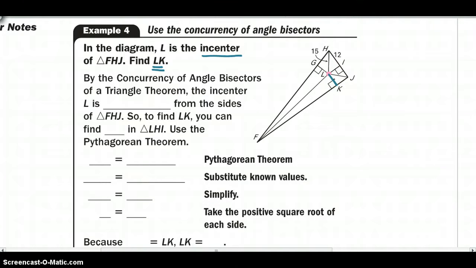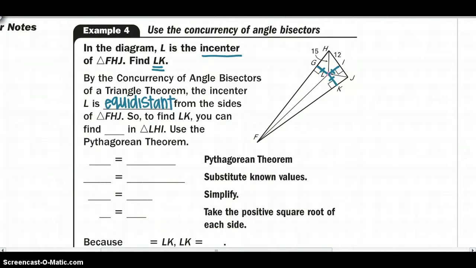So by the concurrency of the angle bisector of a triangle theorem, the incenter L is equidistant from the sides of triangle HJ. So I know that all of these sections are congruent.